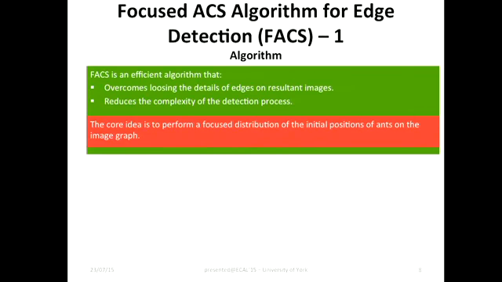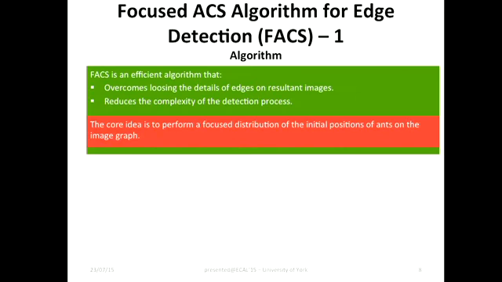Here we move to the first algorithm proposed by us to solve this problem. It's called focused ACS, and this algorithm is an efficient one that has the following advantages. First, producing high quality solutions, noise-free binary images, with reduced complexity.